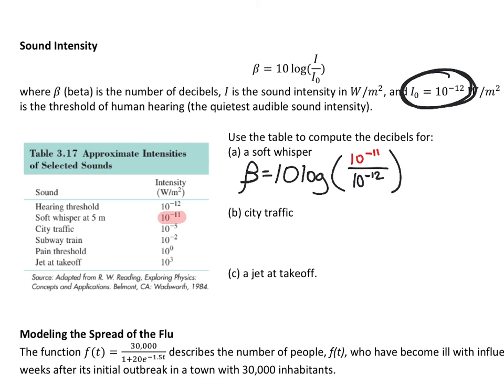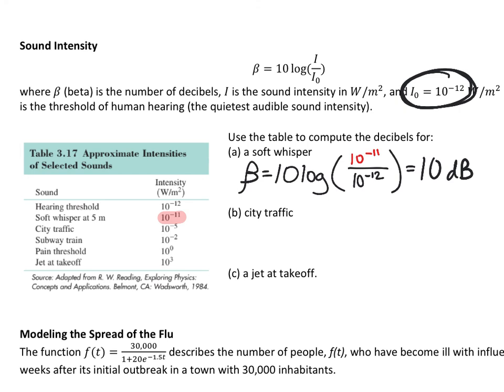I know you don't technically need to close those parentheses, but I come from the era of parentheses. We had to close them, so I'm used to it. When we press enter, we get 10. So the sound intensity that humans hear for a soft whisper is 10 decibels. It makes sense. It's pretty soft, right?